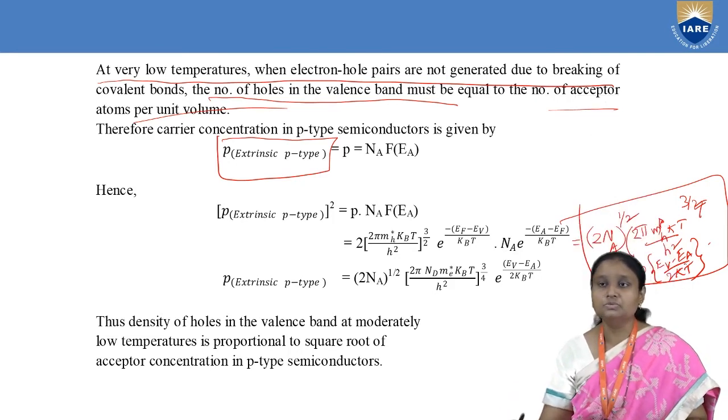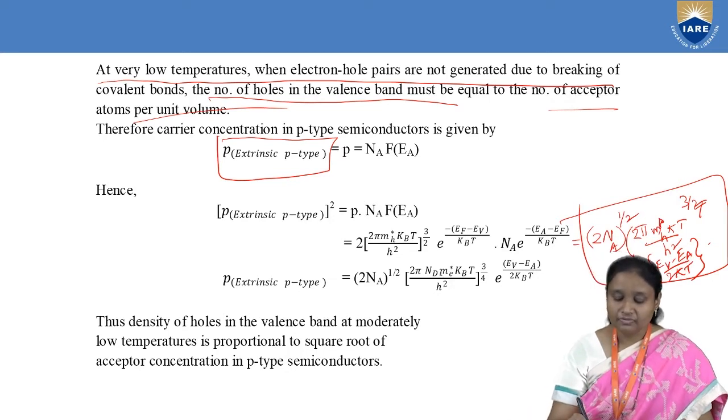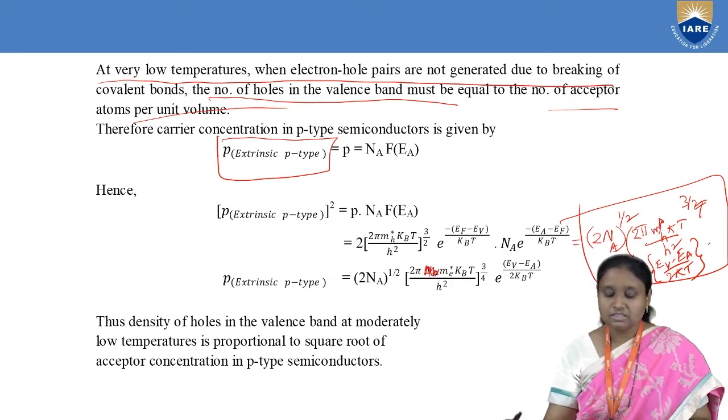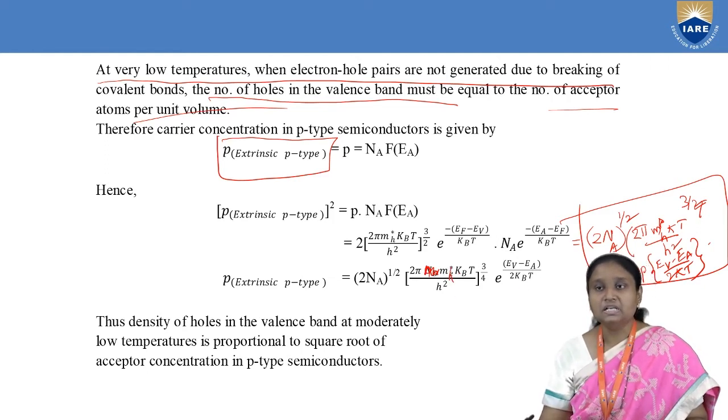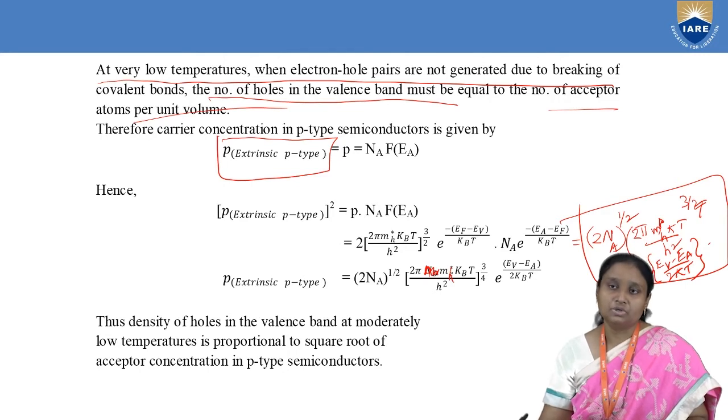So the concentration is (2Na) to the power of half, (2 pi mh star kBT by h square) to the power of 3 by 4, exponential (EV minus EA) by 2 kBT. This is the expression for carrier concentration in p-type semiconductors.